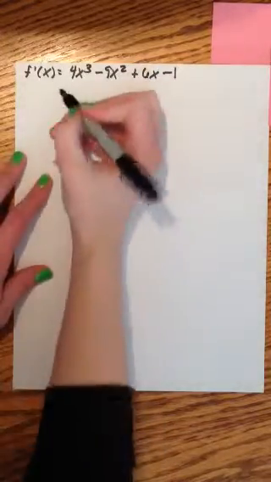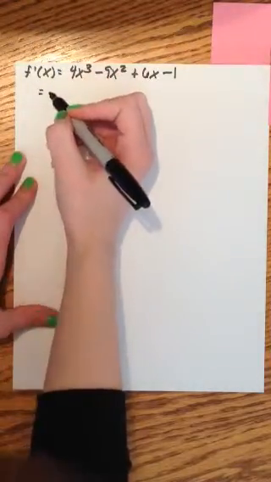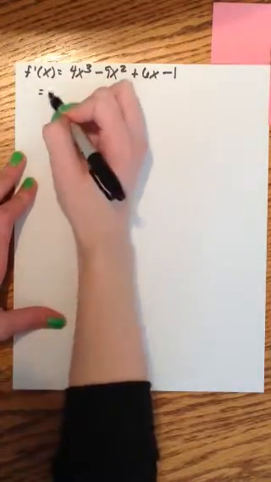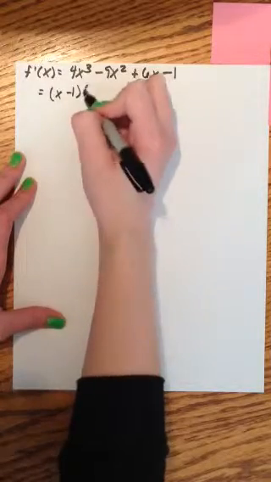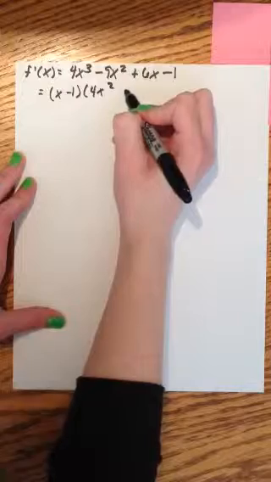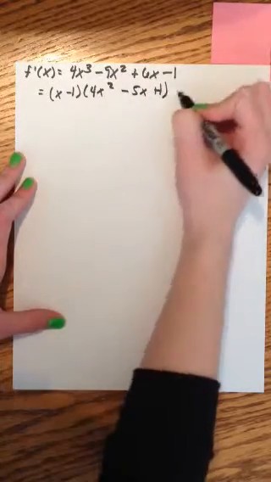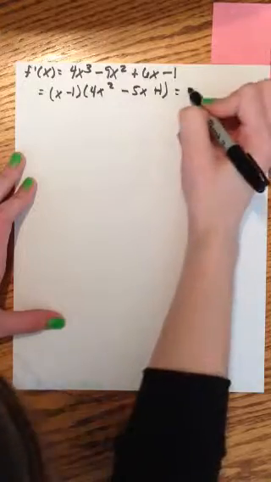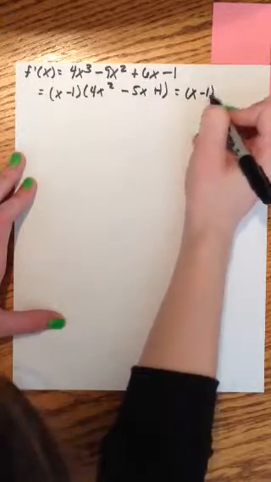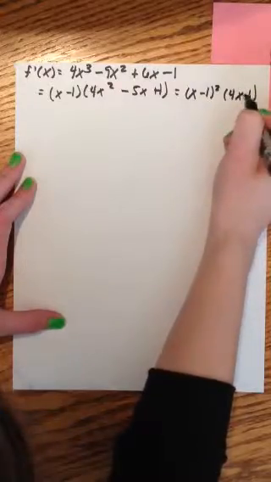This factors to (x minus 1) times (4x squared minus 5x plus 1). That factors also to (x minus 1) squared times (4x minus 1).